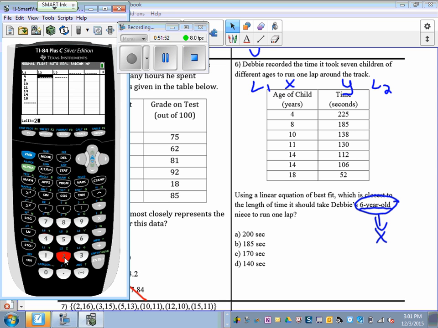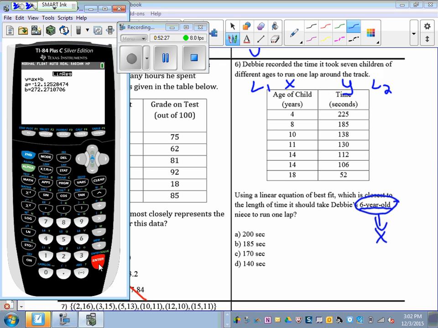My Y values are 225, 185, 138, 130, 112, 106, and 52. Now let me double check my lists here. And I think they look good. Alright, so again, stat, calculate, linear regression, option 4, and enter until you get your equation.